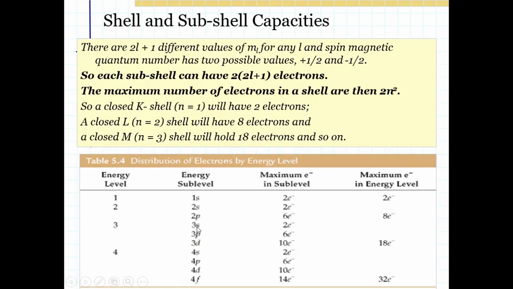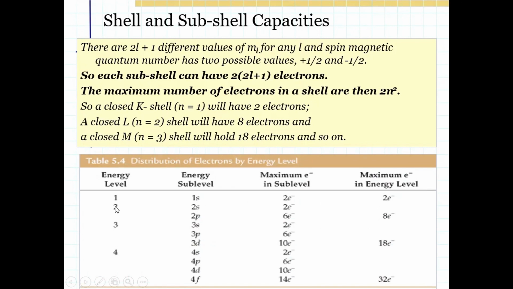The 3s has a lower energy as compared to 3p, and we can see here 2 electrons, 2 electrons, 6 electrons, 2 electrons, 6 electrons. So n equal to 1, the ground state, will have a maximum of 2 electrons.